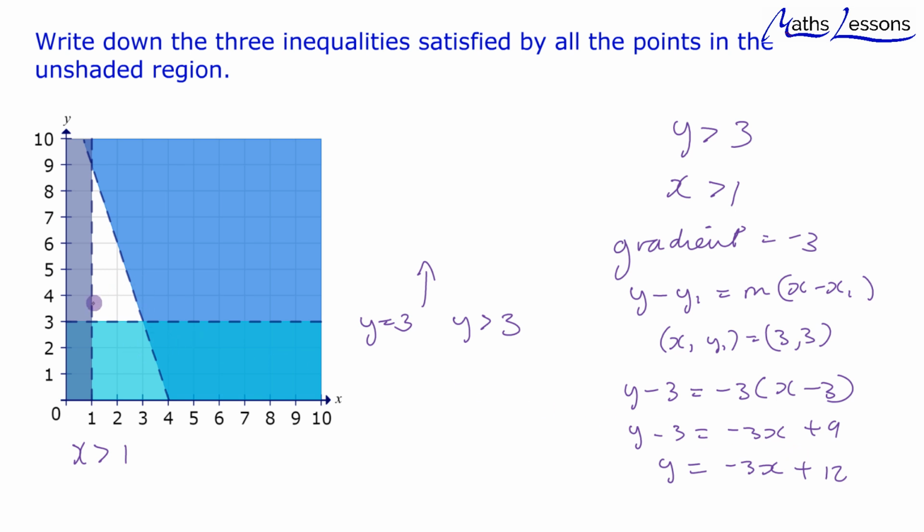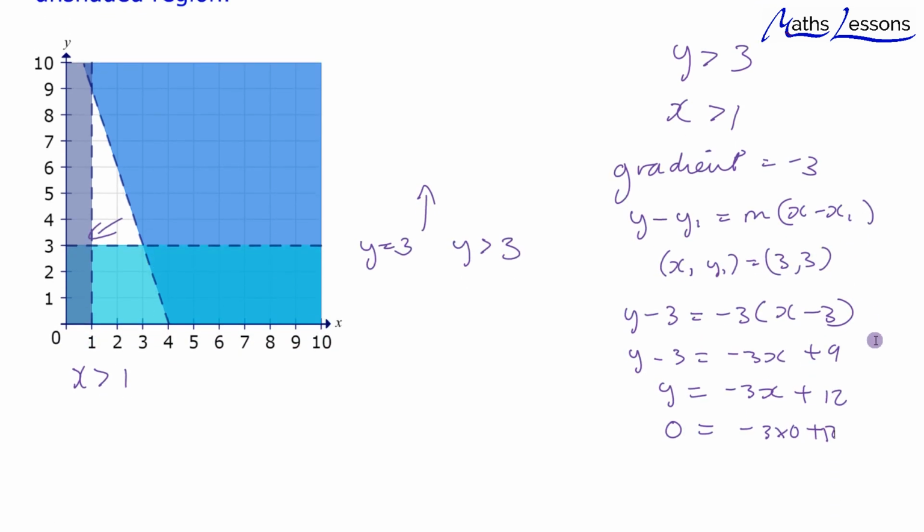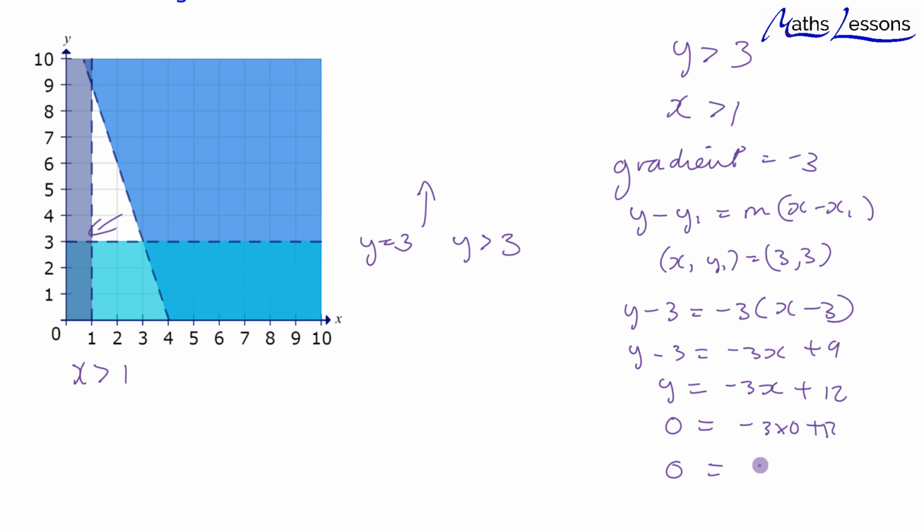Next, we need to work out which side of this line we want to be on. We want to be on this side of the line. So put a point that's on this side of the line into the equation and see what happens. So if we put 0, 0 into it, we've got 0 is equal to -3 times 0 plus 12, and that gives us 0 equals 12.